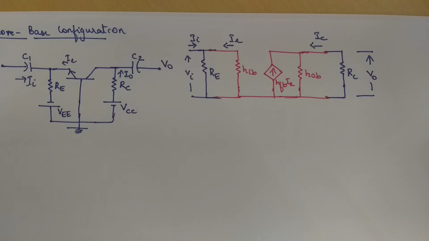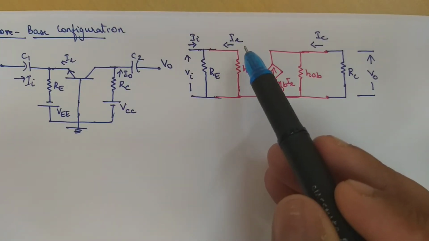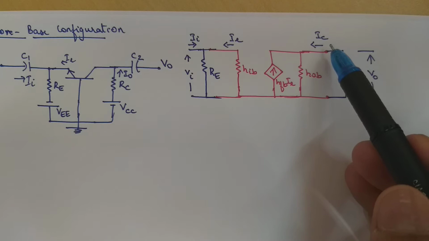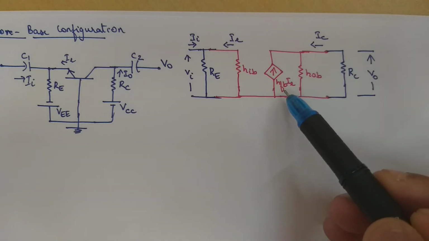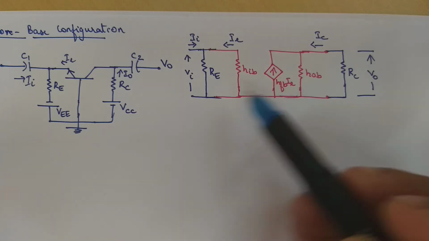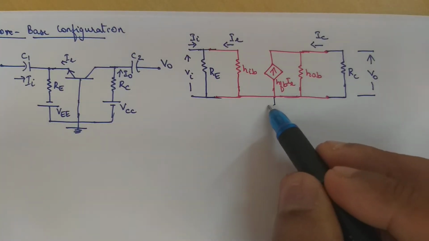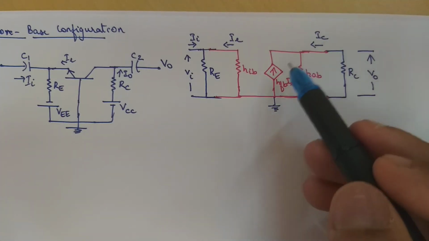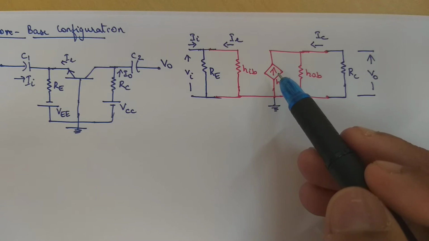So the input will be the emitter part and output will be the collector part. For that reason I have referred to this as the input current IE, and this is the output current, the collector current IC. So this is HFB into IE, which is in the opposite direction from the ground part. This is the ground part we have to consider from the base, and IC and IB are opposite to each other.